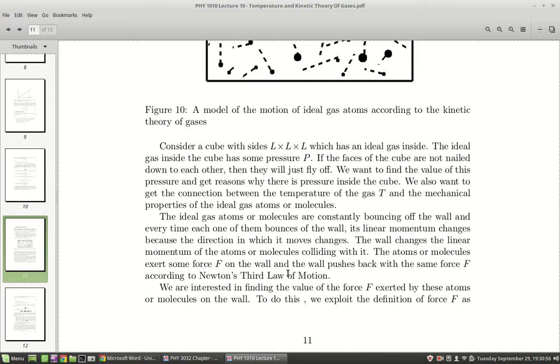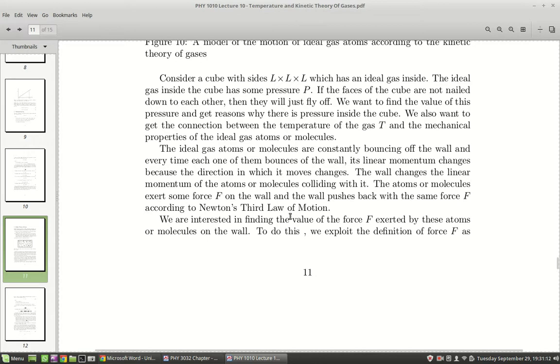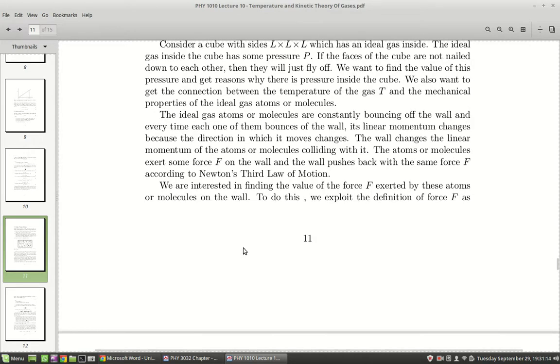The next assumption we make: we know that as things are moving randomly, they end up moving at different speeds on their own. So we say, not quite like that. Actually, let us just say all the atoms are moving with the same speed, v.